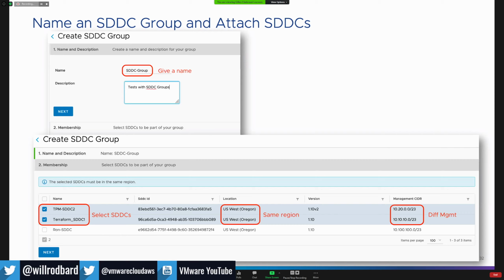That's okay. If you want to attach only one SDDC, it's also possible. And there is something I need to update here. Although here the versions of the SDDC were 1.10 v2 and 1.10, now we are enforcing 1.11 since we released it about 2 weeks ago, 10 days ago. So 1.11 minimum.